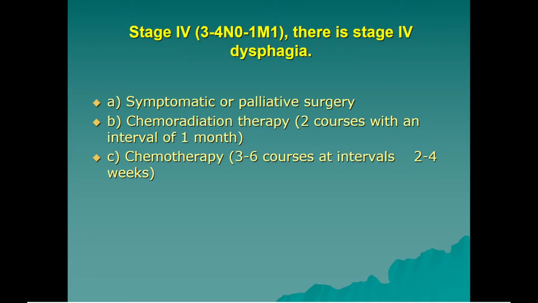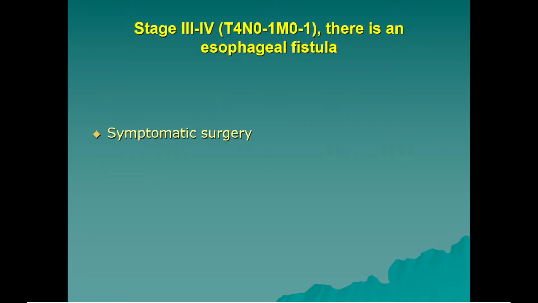Stage 4, there is stage 4 dysphagia: symptomatic or palliative surgery, chemoradiation therapy, 2 courses with an interval of 1 month, chemotherapy, 3 to 6 courses at intervals of 2 to 4 weeks. Stage 3 to 4, there is an esophageal fistula: symptomatic surgery.